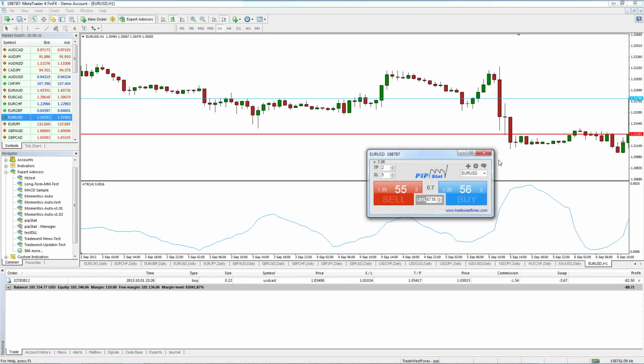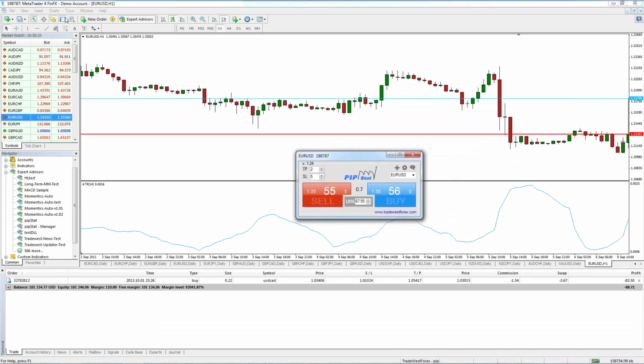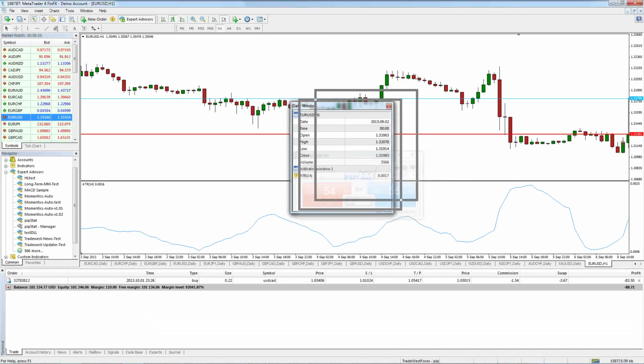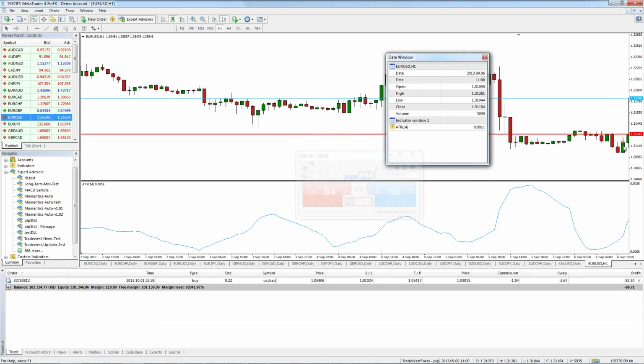So here's how PipStat could help you with the trailing stop. You do it at the open of the bar. Before you even know where price is going to go, you look at the previous bar. We saw on the data window that the previous bar was 11 pips ATR. We multiply it by 3 in this case, so 33 pips.